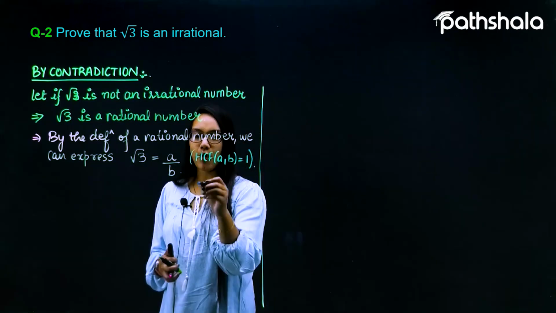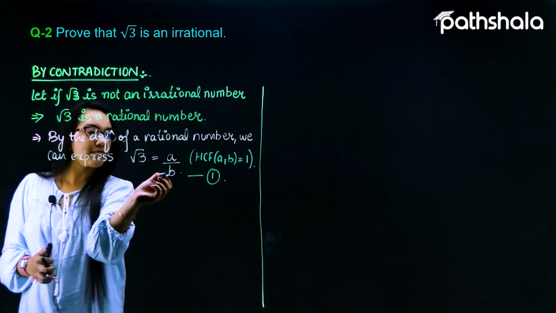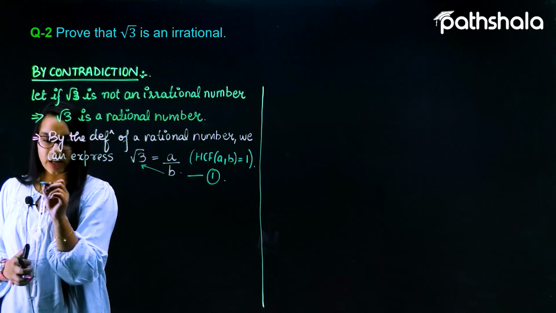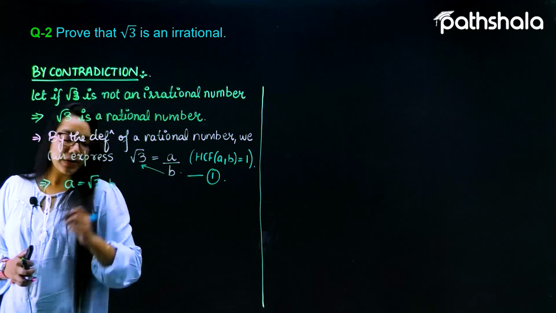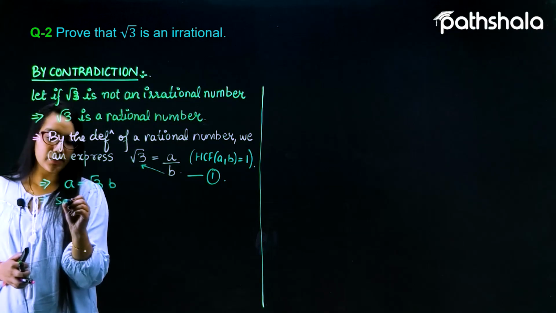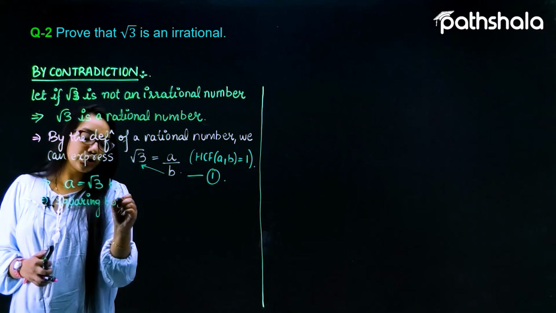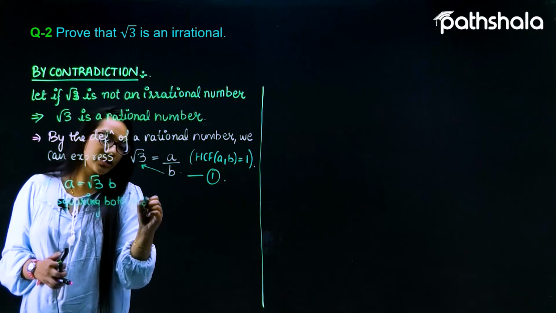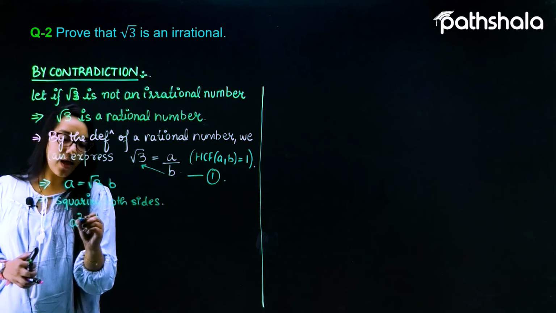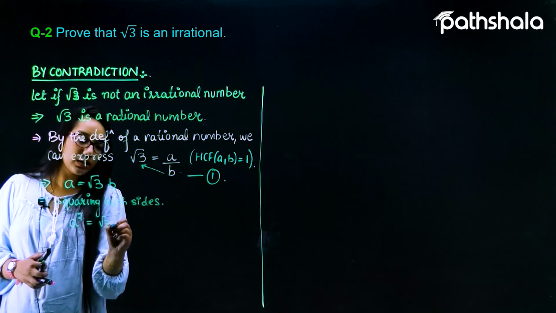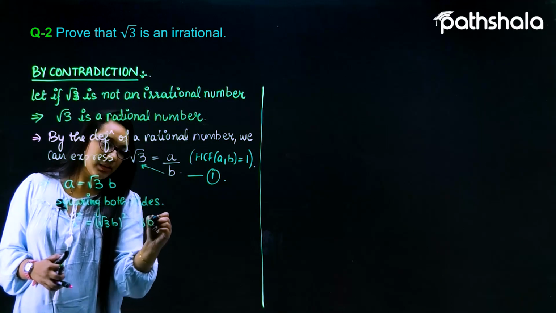Let us call this equation number 1, and multiply b with root 3. So we get a is equal to root 3 into b. Now taking the square on both sides, we get a square equal to square root 3b whole square, which is 3b square.